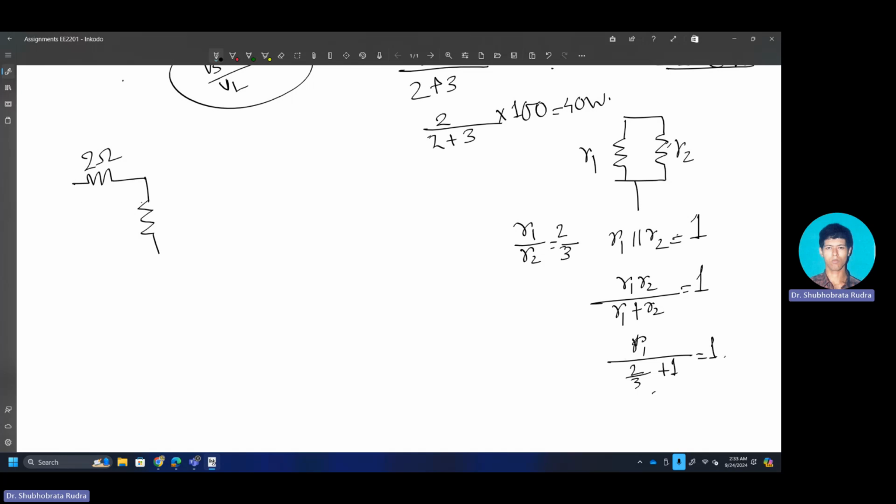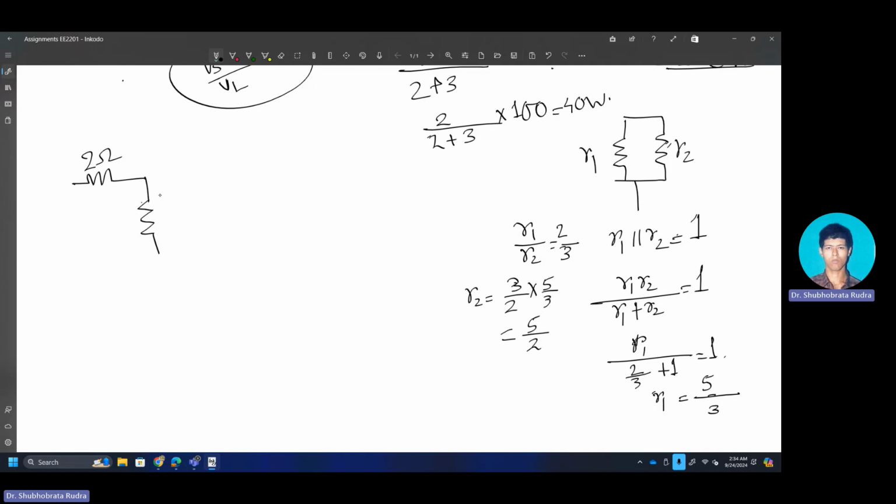So your R1 becomes 5 by 3. And what about your R2? R2 will be 3 by 2 into 5 by 3, that is 5 by 2. Right.